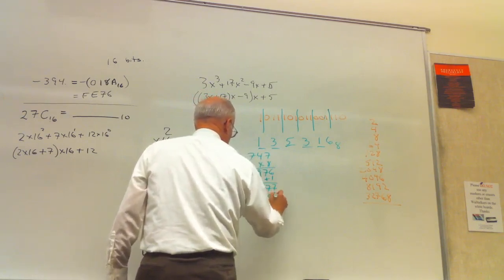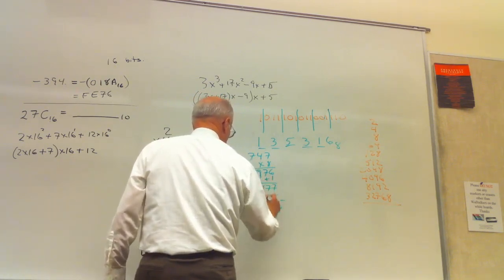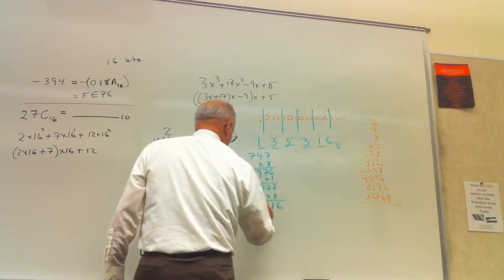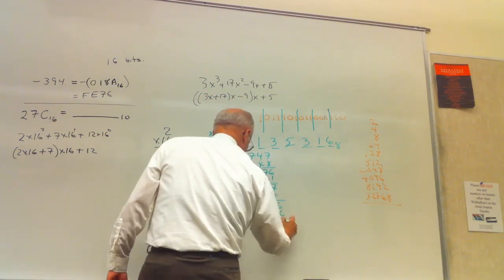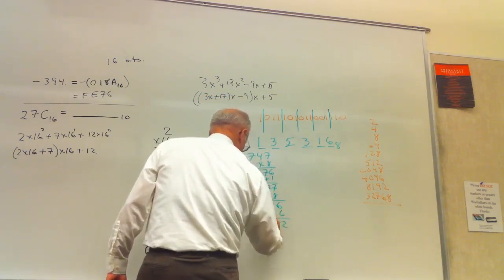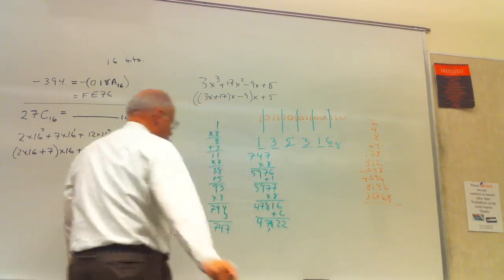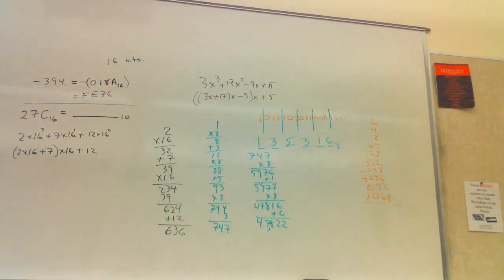5977. We're not done, so we multiply by the base. 8, 47. Add the next digit. 47,822. It's still kind of messy.